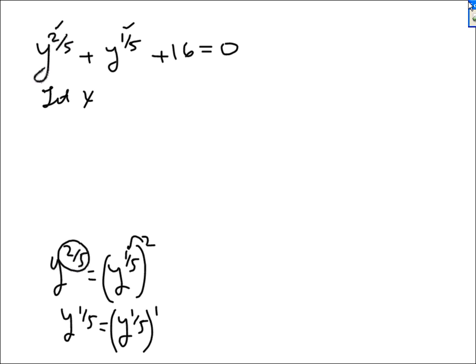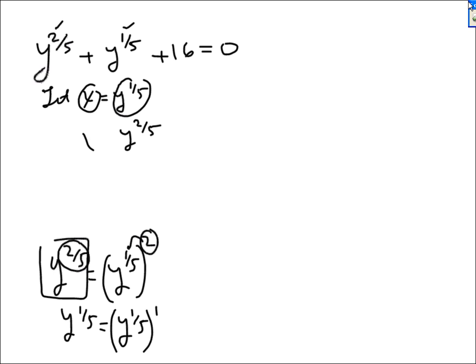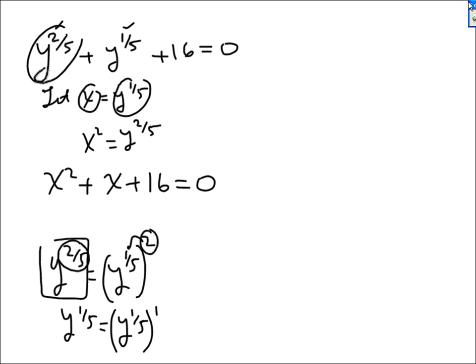If I let x equal y to the fifth, and you square y to the fifth, then you get y to the 2/5. If you square the right side, you have to square the left side. So y to the 2/5 is x squared, plus y to the 1/5 is x, plus 16 equals 0.